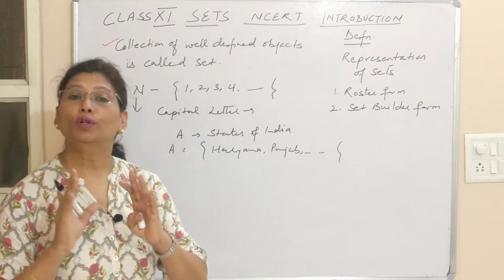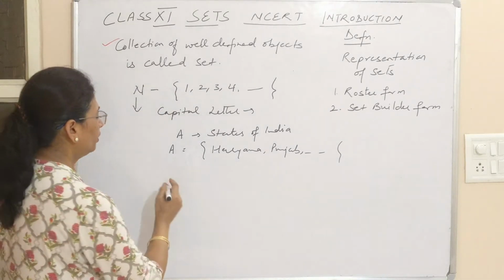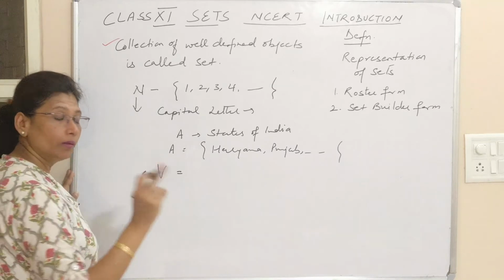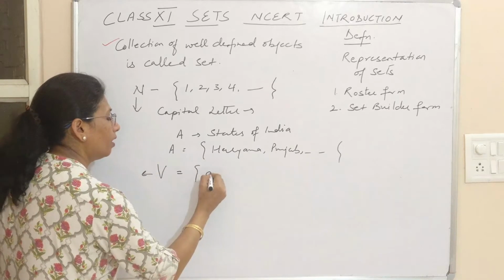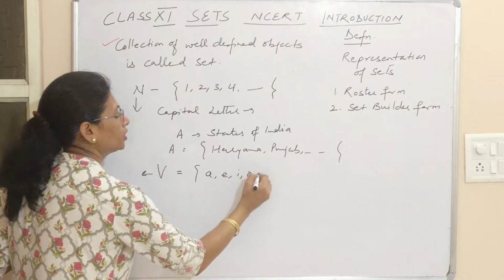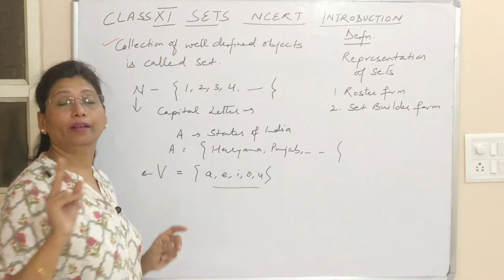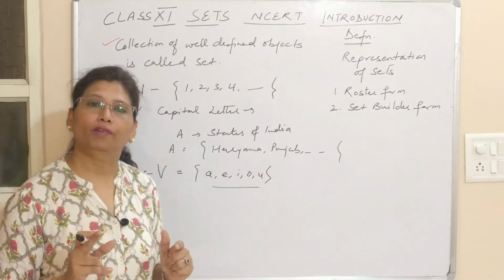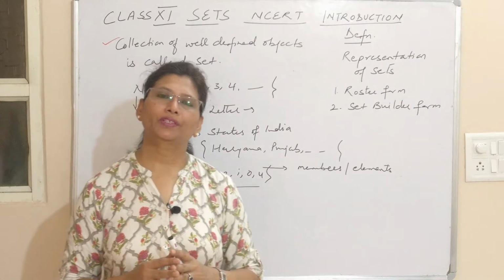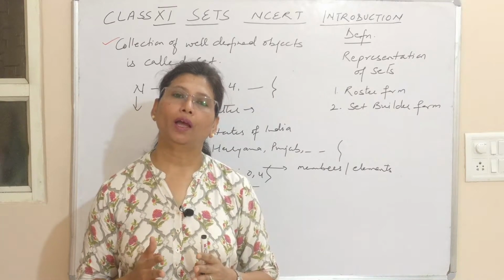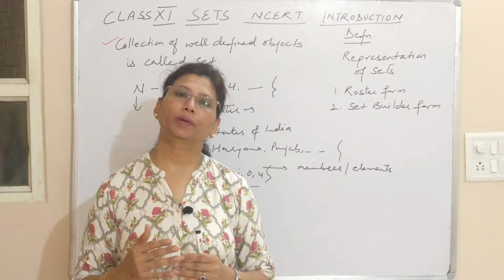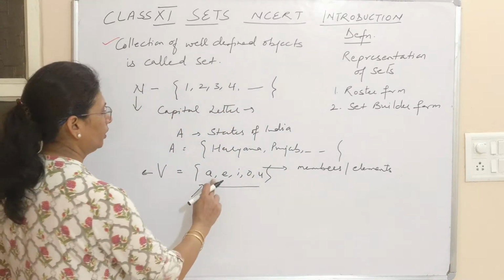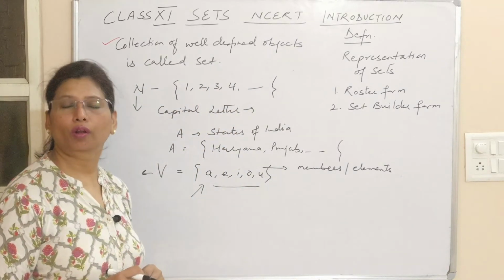If we take the vowels of the English alphabet, I define the set by a capital letter, but the vowels are written with small letters. We won't write them with capital letters. So the set is represented by a capital letter, and the elements in the set by small letters. This is very important to remember.